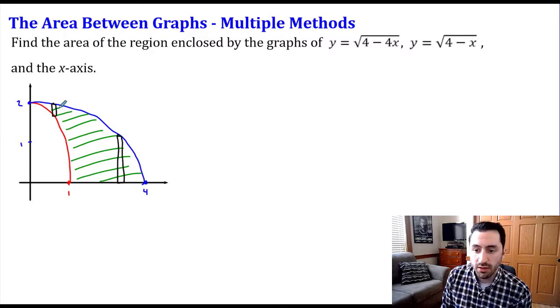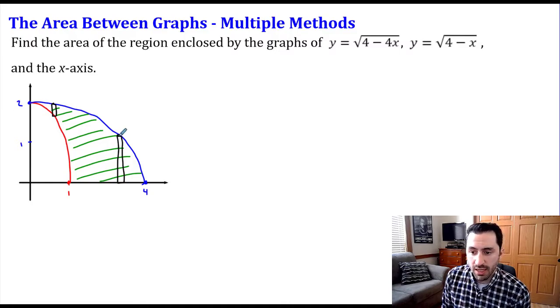So the height of this first rectangle is going to be the difference of the value on this blue graph subtracted with the value on the red one. But as I move along, the second rectangle I drew in here is actually just the value up here on the graph in blue and the x-axis, and I don't actually need my graph in red at all.